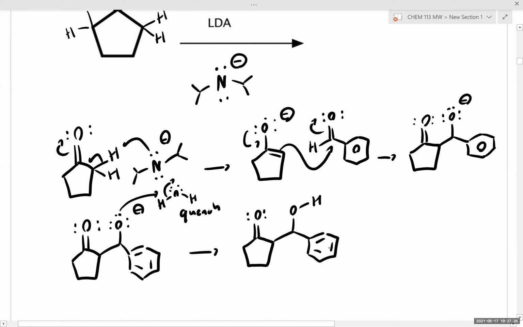Does anyone have any questions on this student proposed mechanism? Or are there any questions on the general mechanism for the aldol reaction? Any questions I can address before we move on?